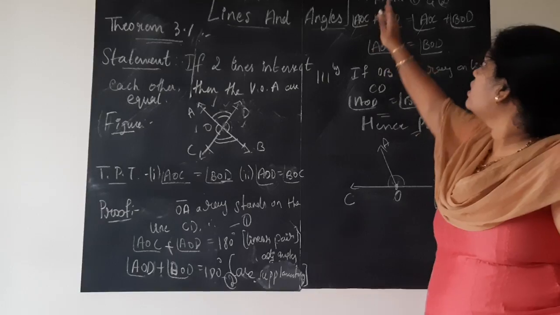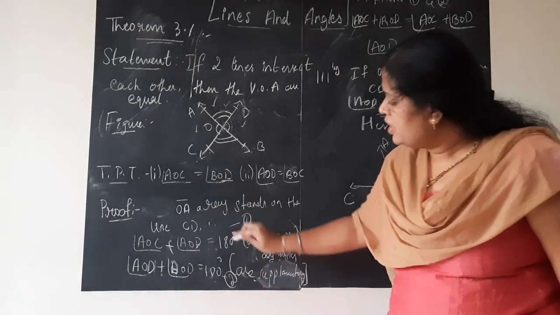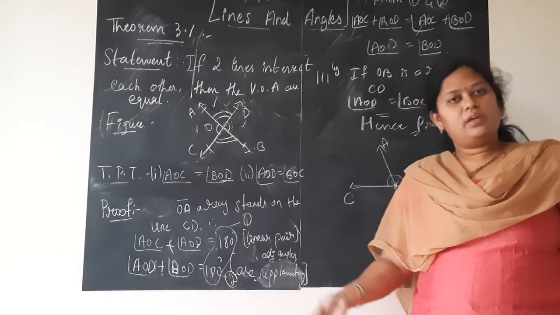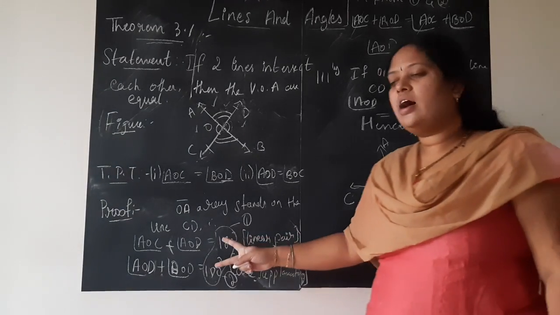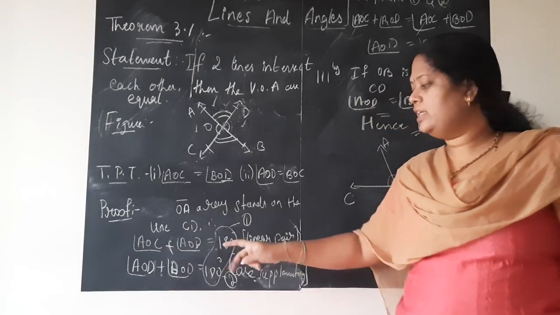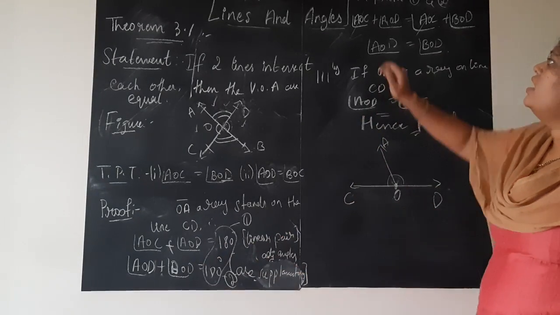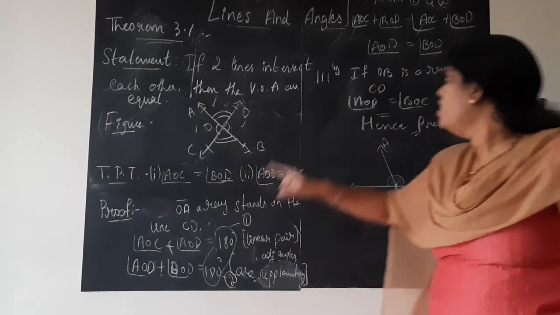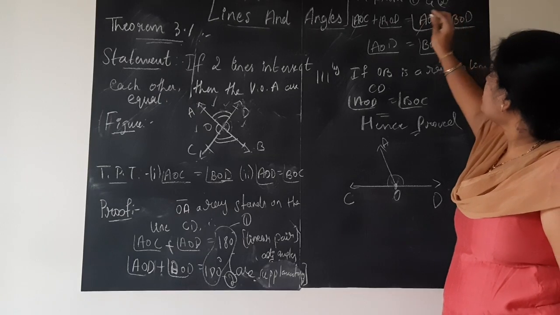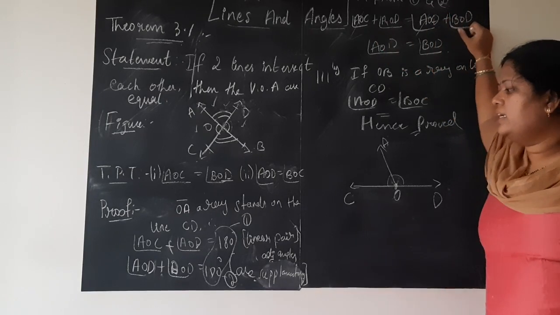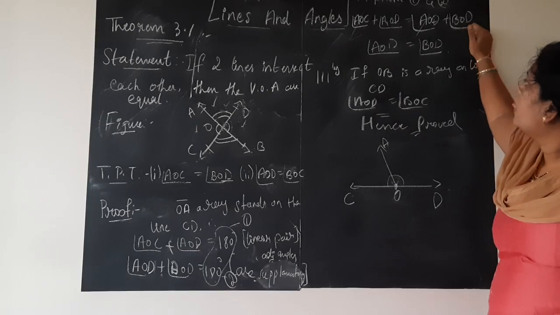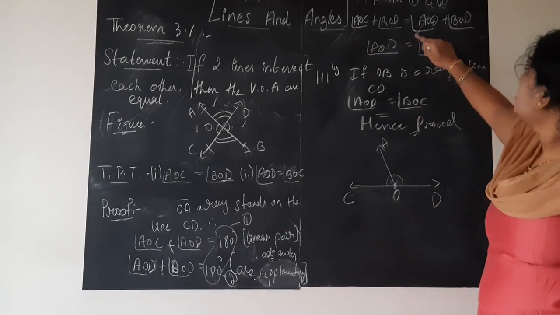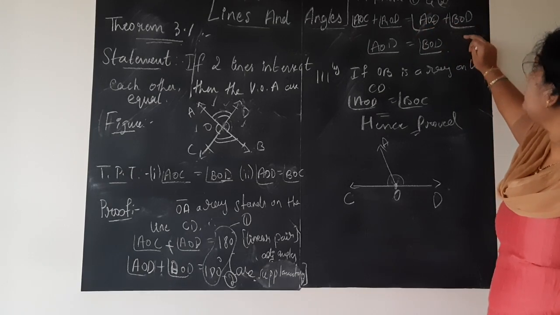Now on comparing equations 1 and 2, children, on the RHS we have 180 degrees in both equations. Since the RHS of equations 1 and 2 are the same, we can equate their LHS. Angle AOC plus angle AOD is equal to angle AOD plus angle BOD.